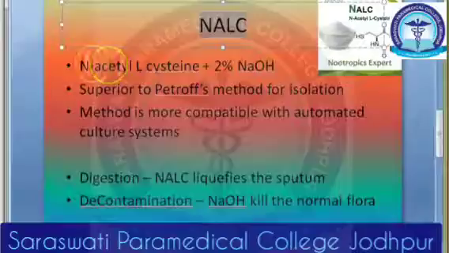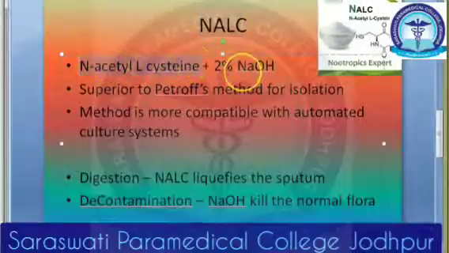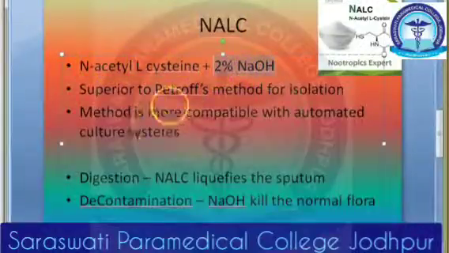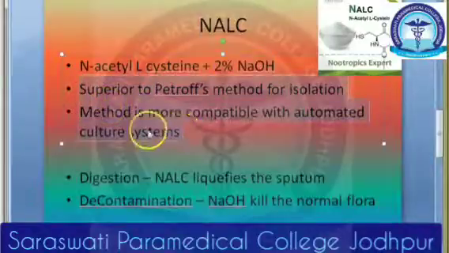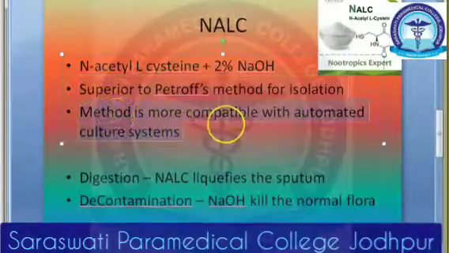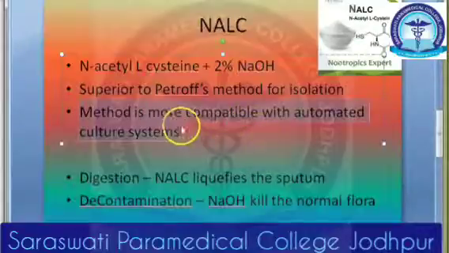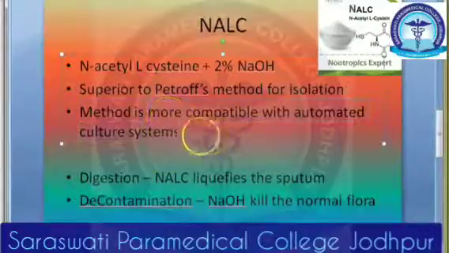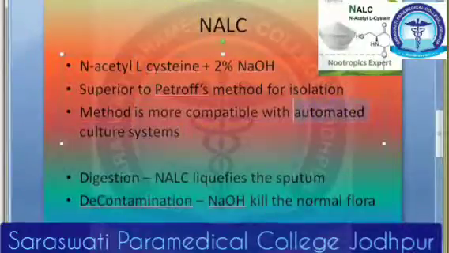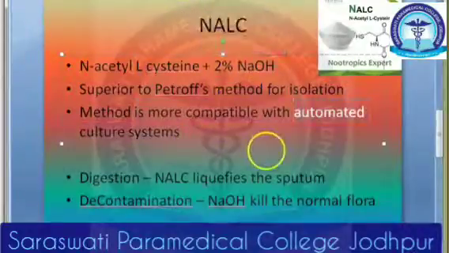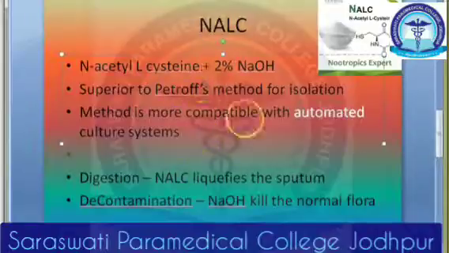Moving on to NaLC, that is N-acetyl L-cysteine plus 2% NaOH method. Here this method is better than Petrov's method. For isolation it is better, and the method is more compatible with the automated culture system. That is what nowadays everything has become, automatic. With such automated culture systems, NaLC is better.